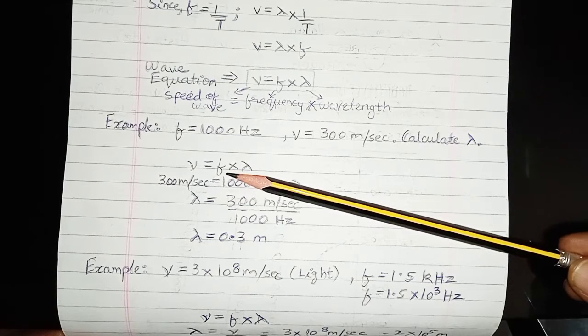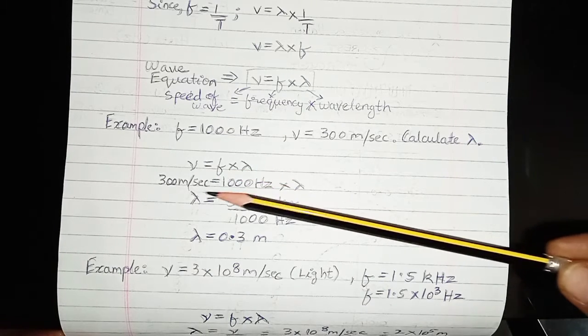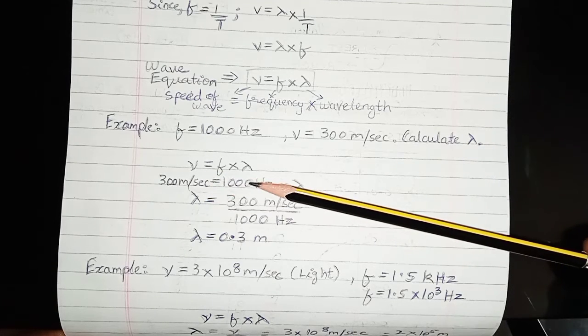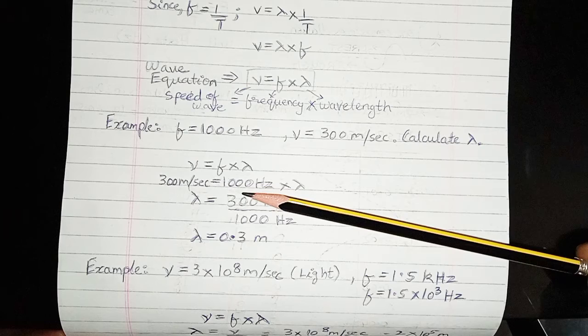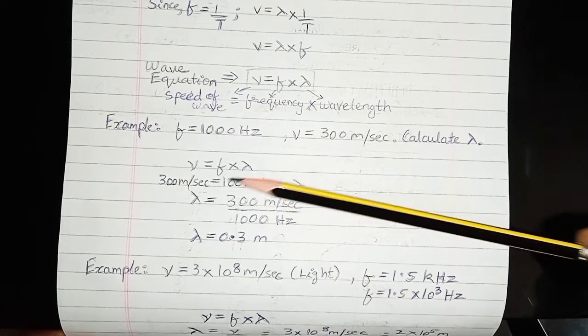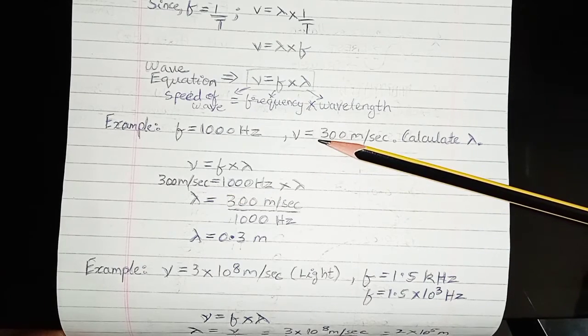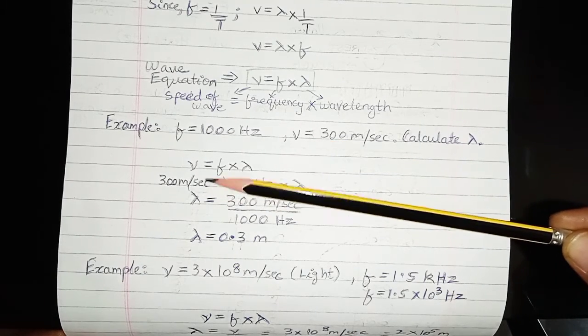So we can substitute in this formula. V is equal to f into lambda. We have got v as 300 meters per second. F is equal to 1000 Hertz into lambda. We are substituting the values from the question itself, where v is given as 300 meters per second.